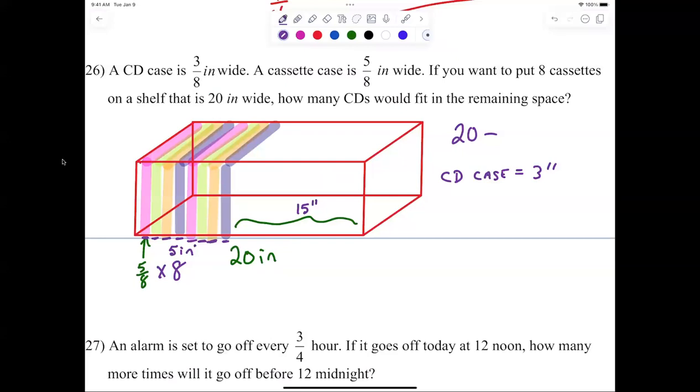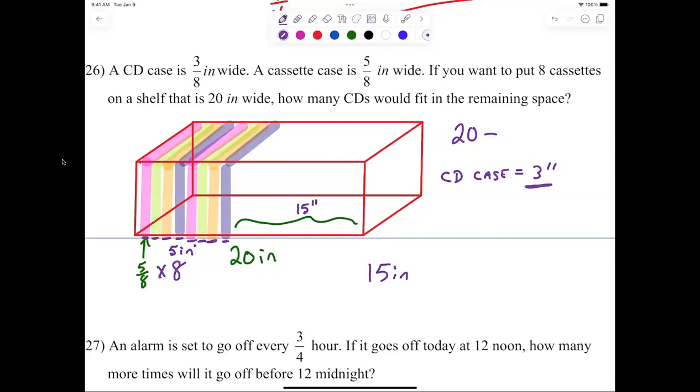How many CDs could I put up there? If I have 15 inches and each CD is 3 inches wide, would that make sense that I could put 45 CDs?